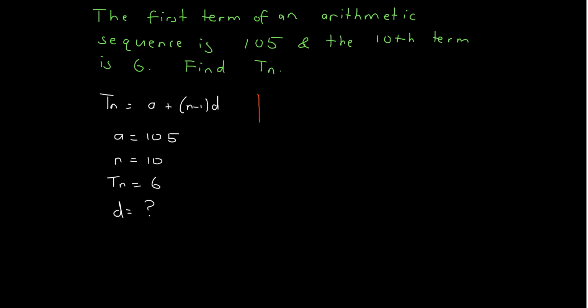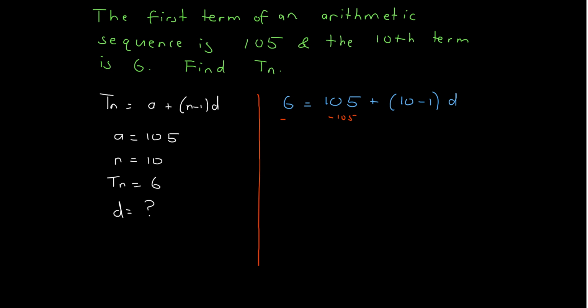So let's now sub our values in and solve it. So we get 6 equals 105 plus (10 minus 1) times d. d's my unknown.